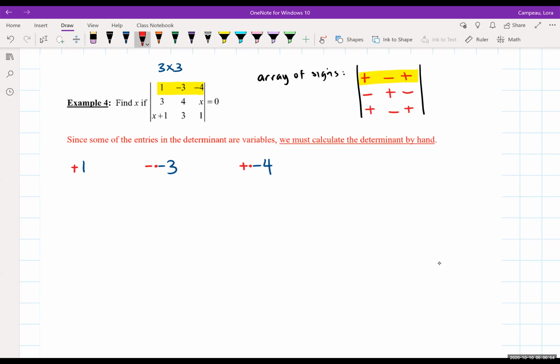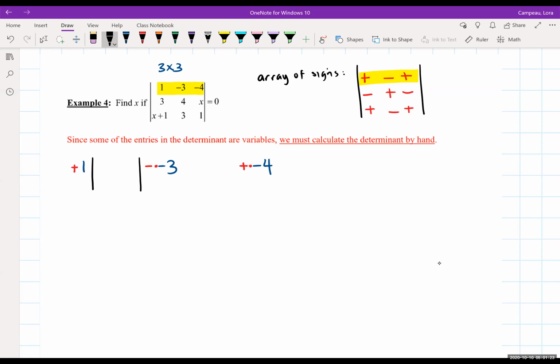Now, after I have that accounted for, the next thing I'm going to do is figure out the minors for each of these entries. So again, with doing this, we're going to cover up the row and column that the particular entry is in. Right now, when I say cover up, I'm using the highlighter. So we'll think about the entries that are not highlighted as the leftovers.